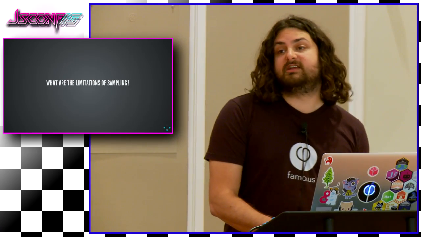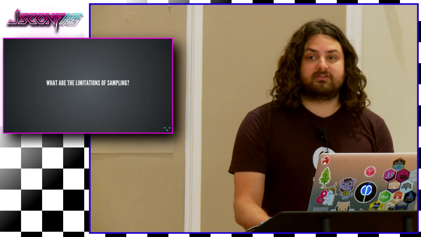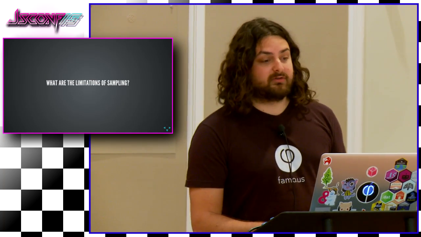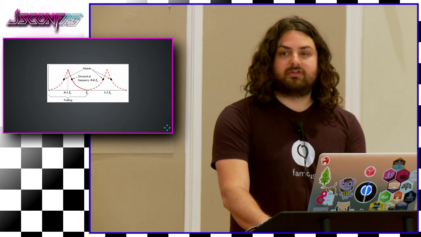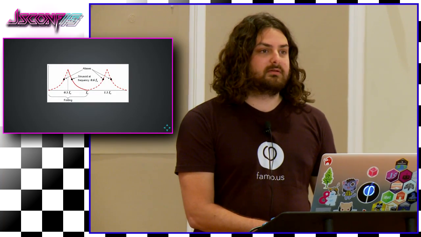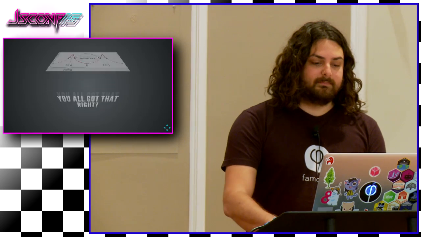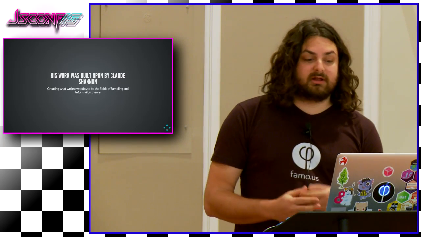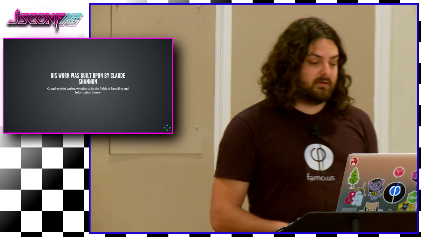So there are limitations to sampling, though, and those limitations are part of the reason why we have these random numbers like 44,100. So this makes sense to everyone, right? No? Okay. That's called the Nyquist limit. It's named after Harold Nyquist. His work was built upon by Claude Shannon, creating what we know today as the fields of sampling and information theory.